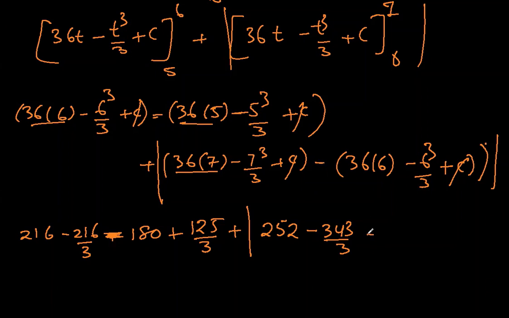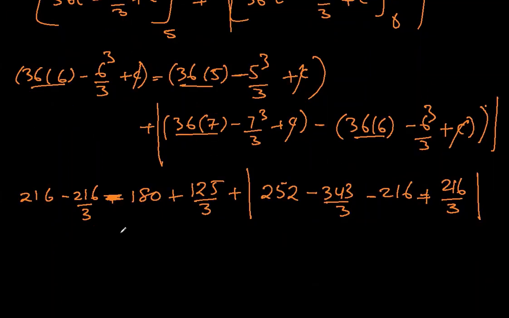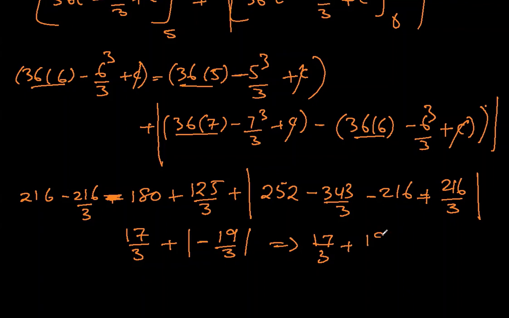And now minus 36 times 6, 216, and this is plus 216 over 3. So I got 17 over 3 for this one, and here we got minus 19 over 3. If we apply absolute, it becomes 17 over 3 plus 19 over 3, which is 36 over 3, and 36 over 3 is 12.